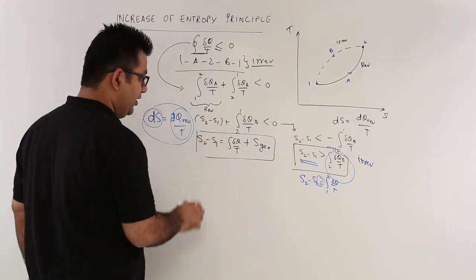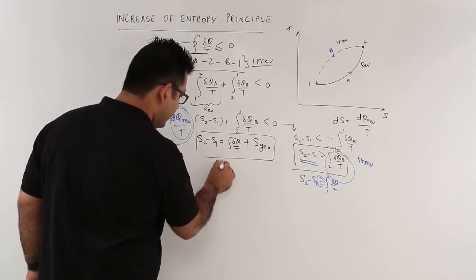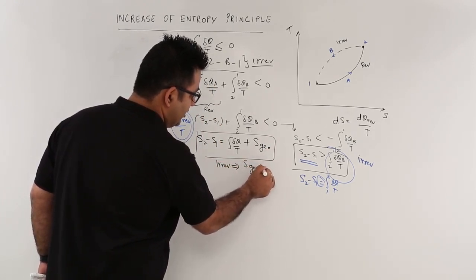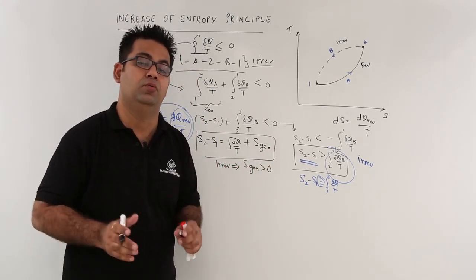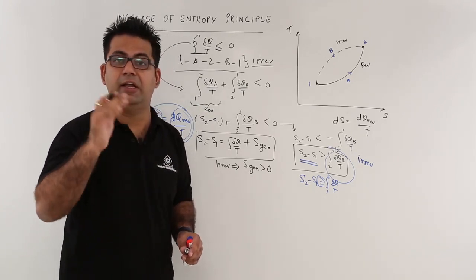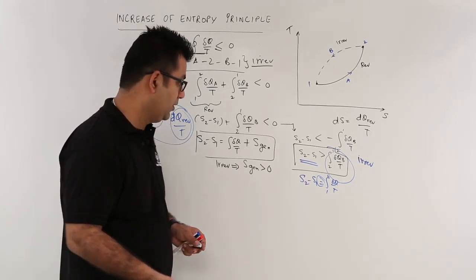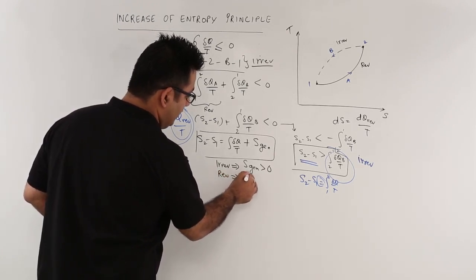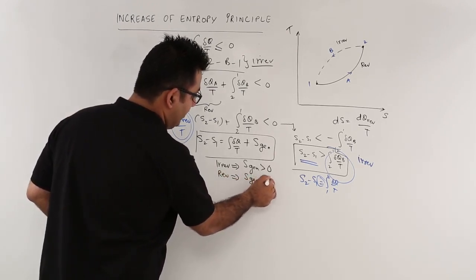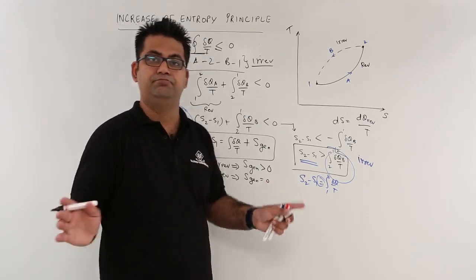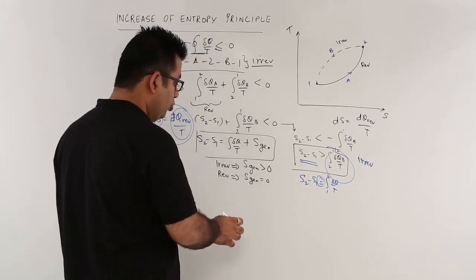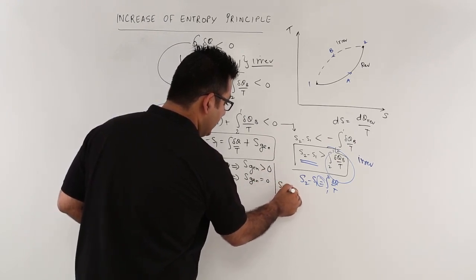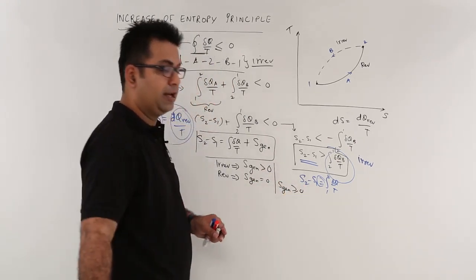Okay. If you have an irreversible process, then the entropy generation is always a positive value. Your entropy will never decrease, it will always increase. Okay. And if it is a reversible process, then the entropy generation is 0. Okay, this means if you generalize it, then the entropy generation becomes greater than or equal to 0.